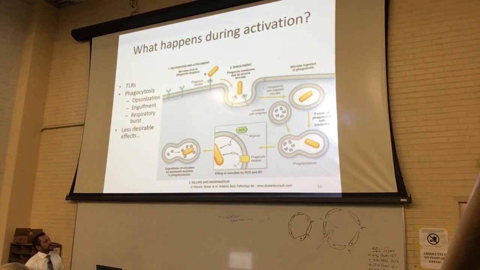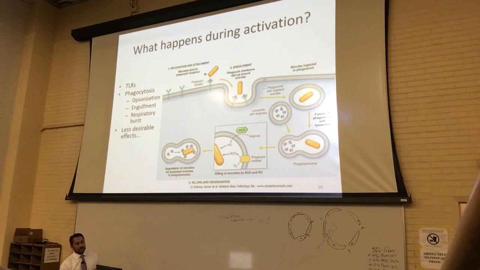And the microbe is isolated, it's compartmentalized, and then it fuses with a lysosome that contains enzymes. And those enzymes are digestive enzymes. Then these two fuse, and now you have a phagolysosome, which is the phagosome that contained the microbe plus the lysosome that contained the digestive enzymes, and now this microbe doesn't have a chance.